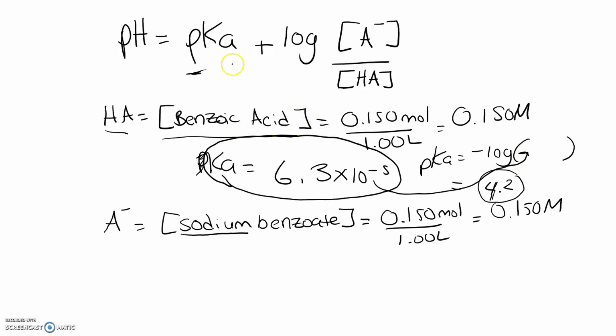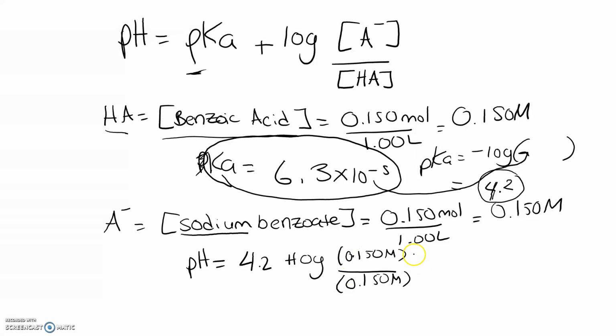All right, so let's plug this into our Henderson-Hasselbalch equation. Again, we're trying to find the pH. So it's equal to the pKa, which in this case is 4.2, plus the log of the A-, which in this case is 0.150 molar, divided by the HA, which is also 0.150 molar.